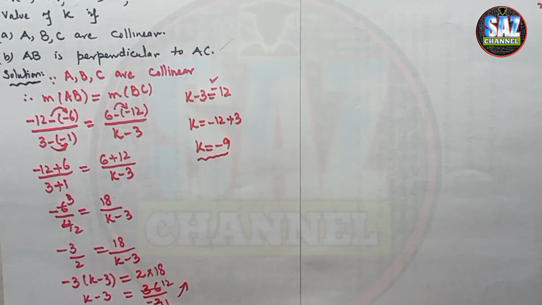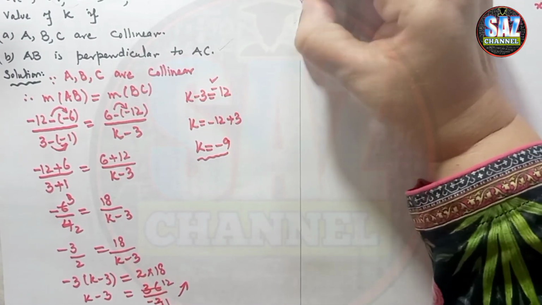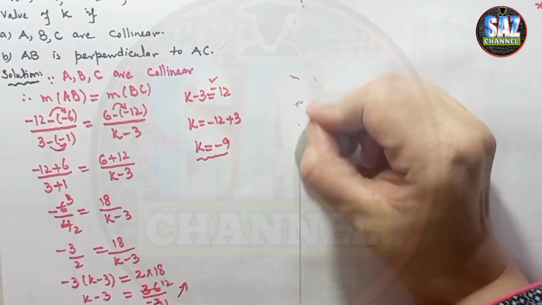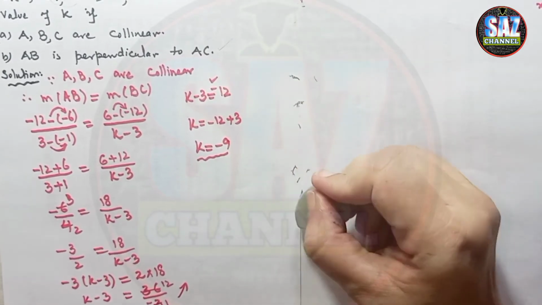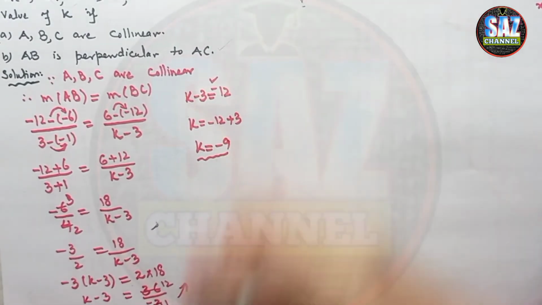Now we have to move to the second part. The question says that we have to find the value of k, but the condition for that part is that AB is perpendicular to AC.